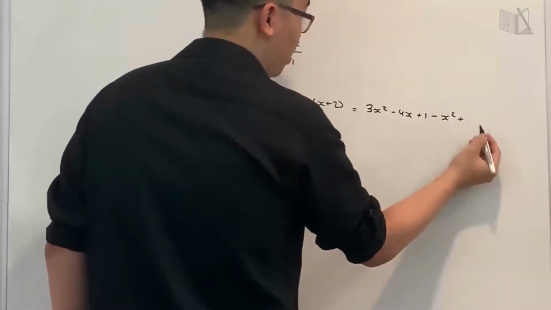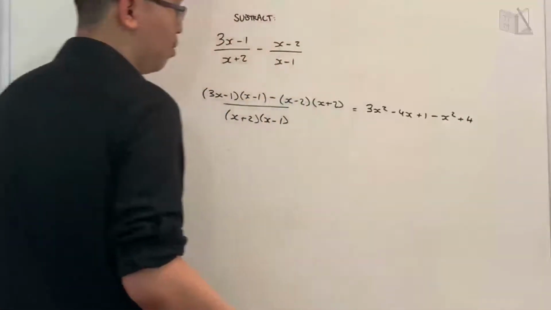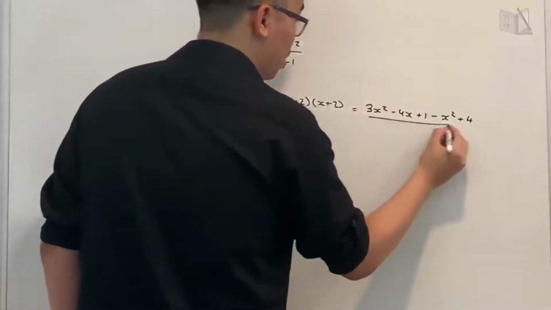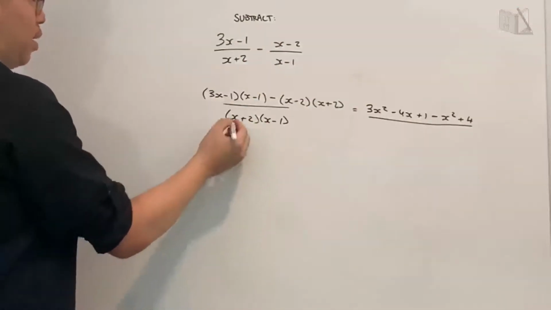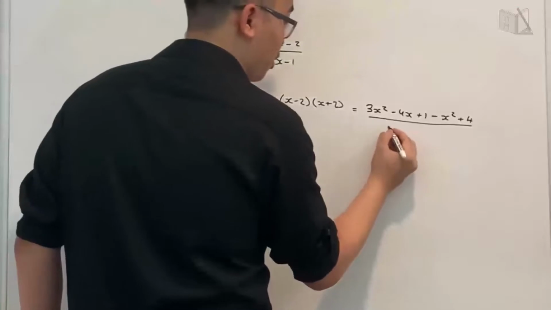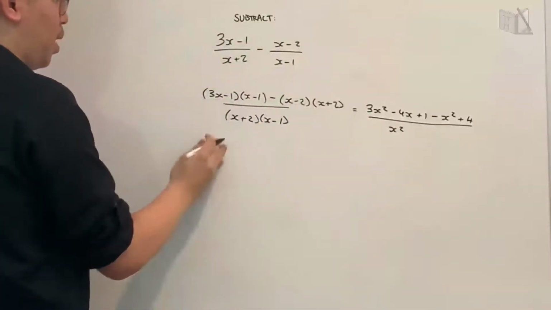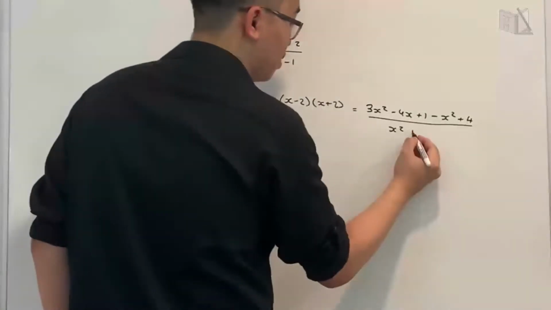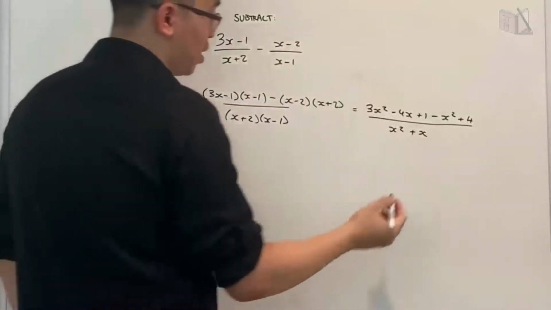But we have the minus symbol, so minus minus is plus, plus 4. And all over, we're just going to expand these brackets as well. x multiplied by x is x², plus 2x minus 1x plus x. And plus 2 by minus 1 is minus 2.